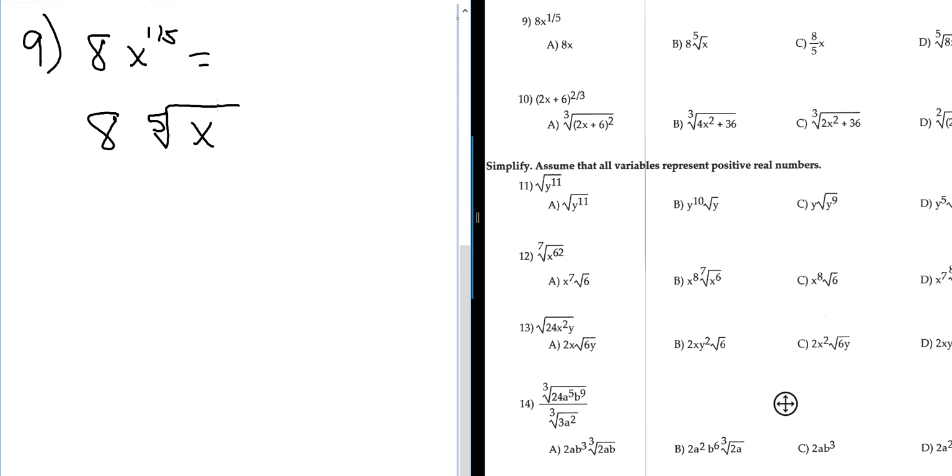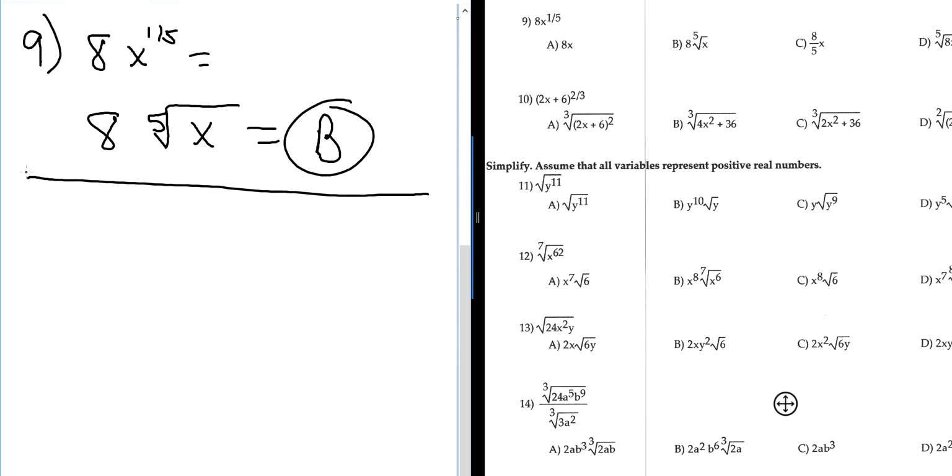That's all I can do. I can't do any simplifying here, so it parallels with the answer of B. A little tricky if you remember. It would be different if it were 8x in parentheses raised to the 1/5. But it's not, so it's 8 on the outside.